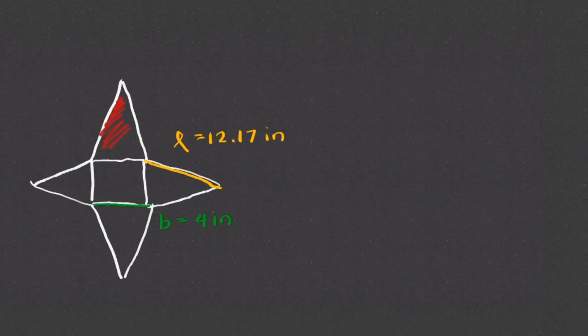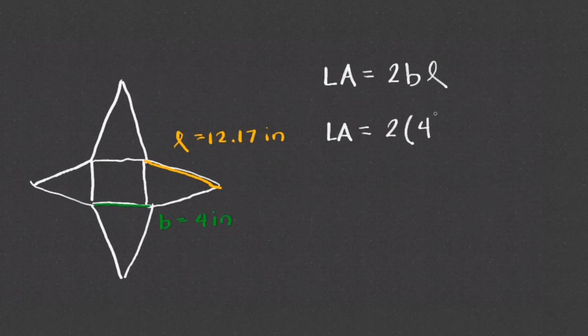So the lateral area of the pyramid is this red region. Therefore, LA is equal to 2 times base times the slant height. So LA is equal to 2 times the base, which is 4, and the slant height of 12.17.